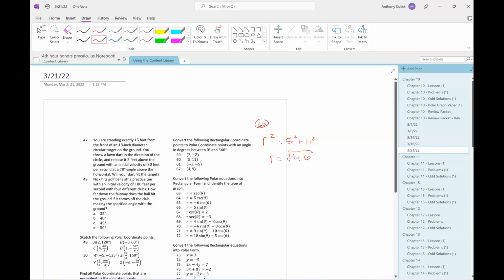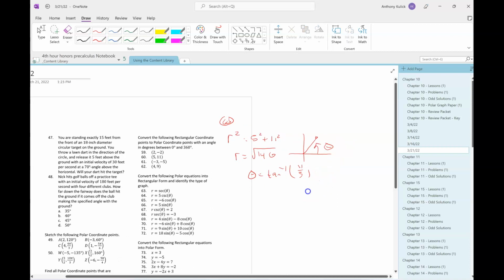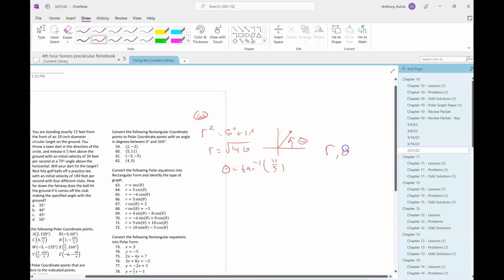And I don't know if that reduces. I don't think it does. And then if I graph this thing, 5, 11 is like here, so this is my theta. Theta is just going to be the tan inverse of y over x. So I just type that into my calculator, and that's my r comma theta. Does that feel okay, Amy?